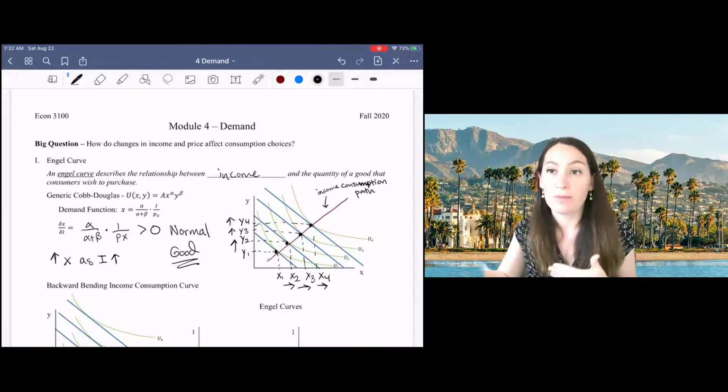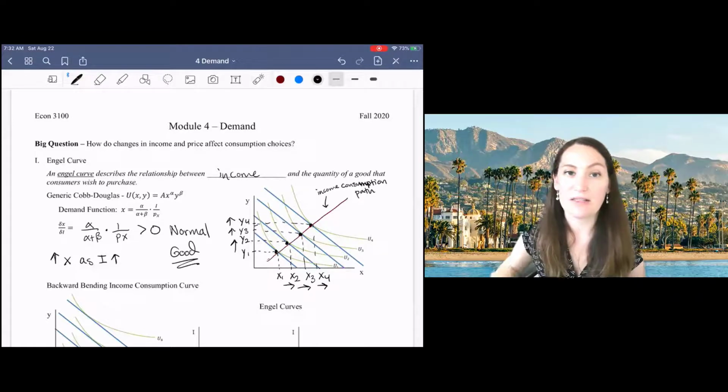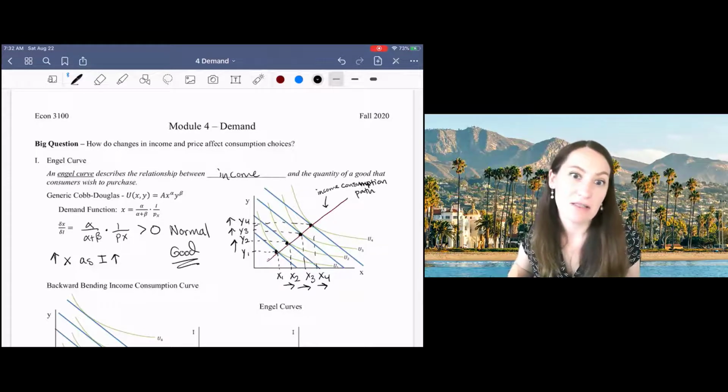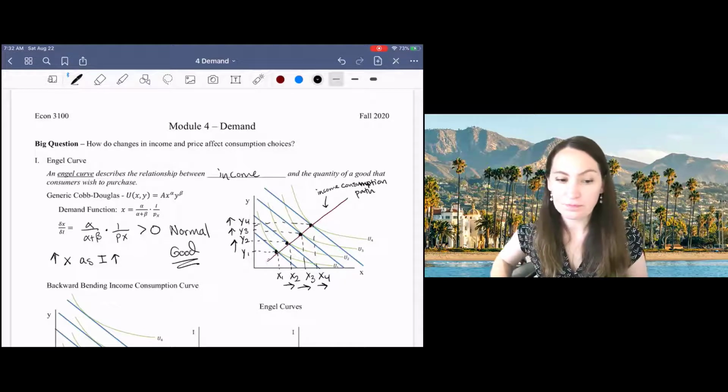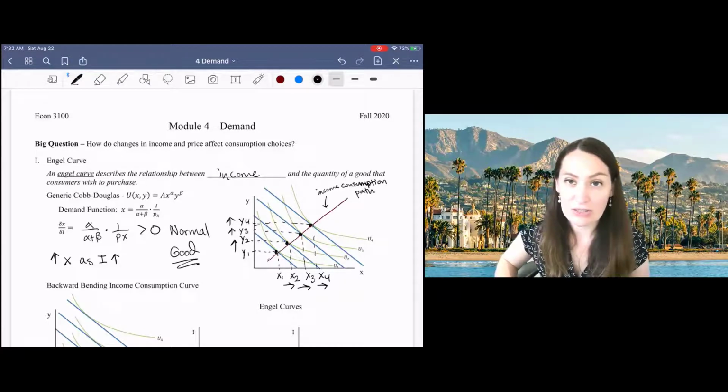So they're both normal goods. Our Cobb-Douglas utility function will always describe normal goods. But obviously not all goods are normal, so I want to show you what this might look like for an inferior product.